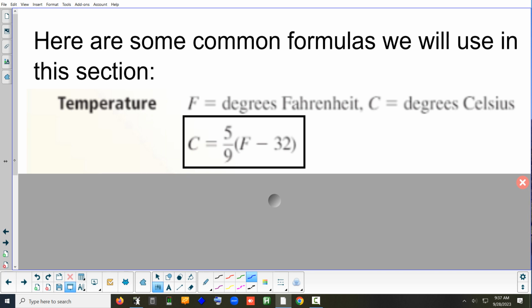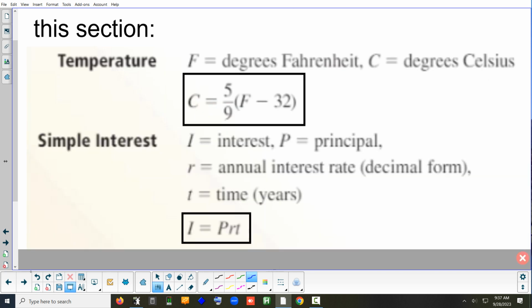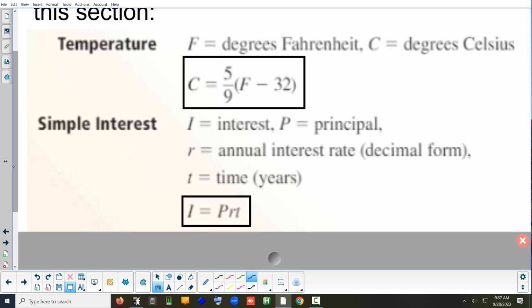Okay, the second formula is I equals PRT. I think you guys have everything filled in there except what goes in the box. And this is a formula to figure out, I don't know if you can read that clearly. It says I equals PRT. P times R times T. So this is a formula to figure out, like if you leave your money in the bank, anyone ever do that?